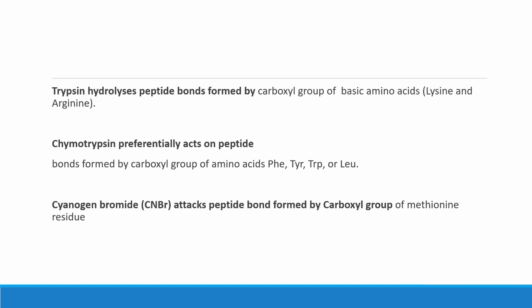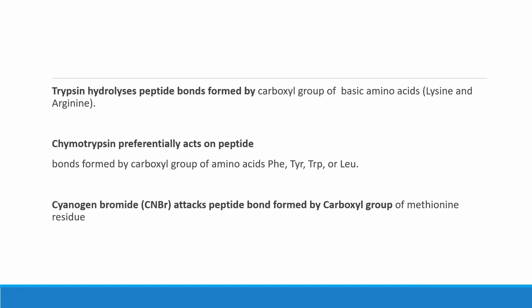Let's take for example the peptide bond between lysine and the next one, alanine, is being cleaved by trypsin. So now the first chain will end with lysine, and the second chain from the hydrolysis will begin with alanine, and then also arginine. That's what happens.